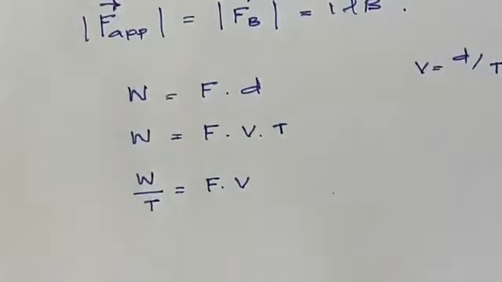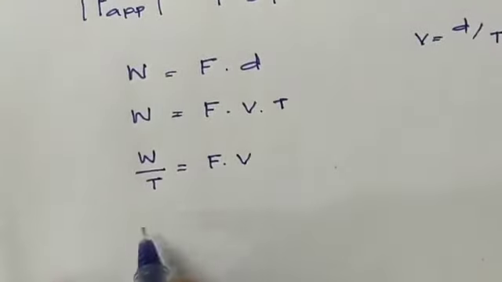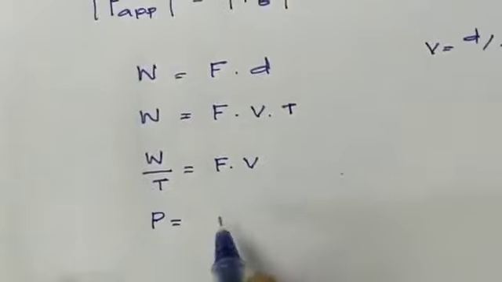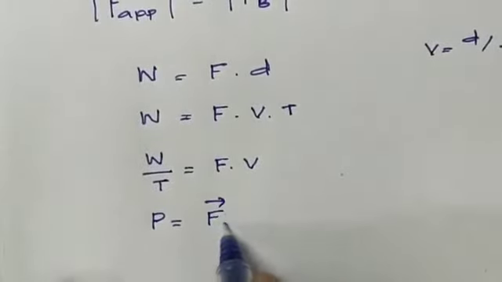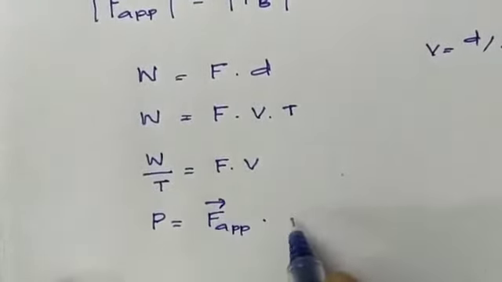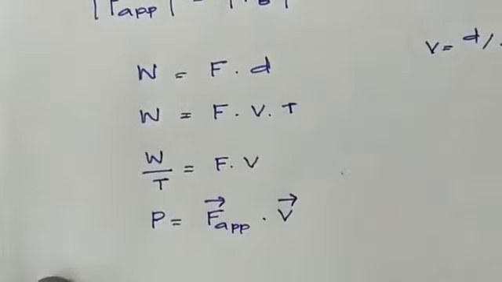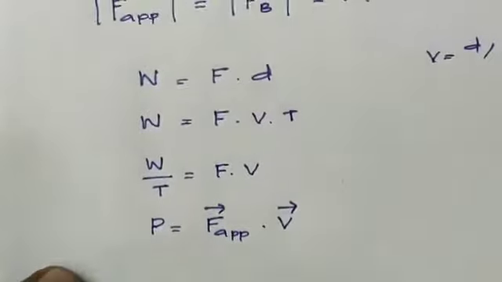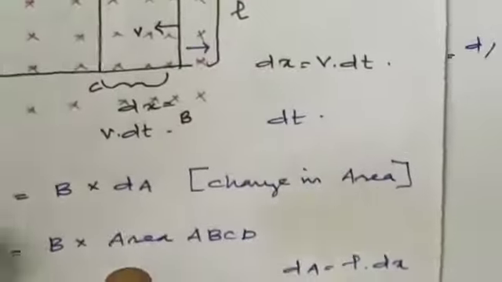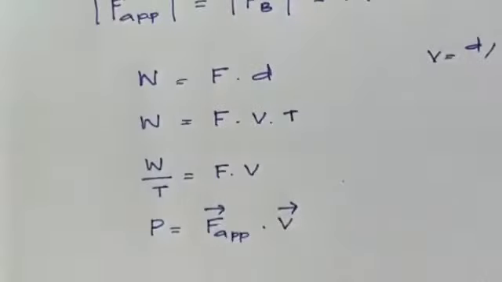So work done by time, the rate of doing work, is called the power. So write down that equation. Power is F, the applied force, into velocity. Here force and velocity are in the same direction, so we use the dot product, that means cos theta.